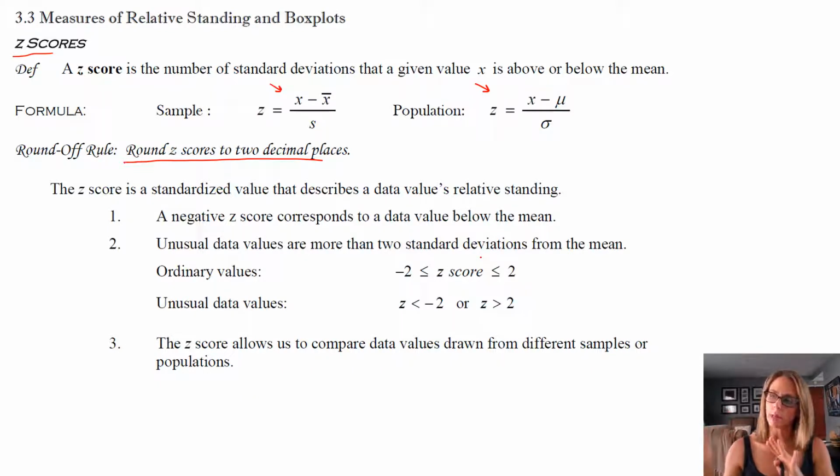If it's less than -2 or greater than 2, meaning more than 2 standard deviations away from the mean in this direction, or more than 2 standard deviations from the mean in this direction, then it's considered unusual, like it's just unlikely to happen. And that's where number 1 comes from. The negative z-score means that it's below the mean.